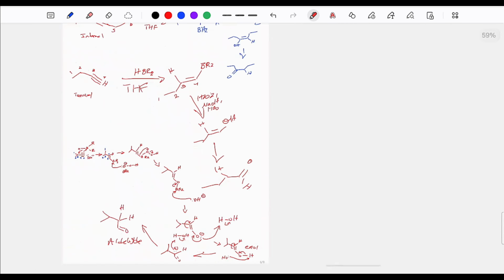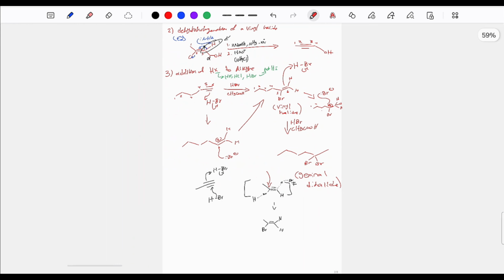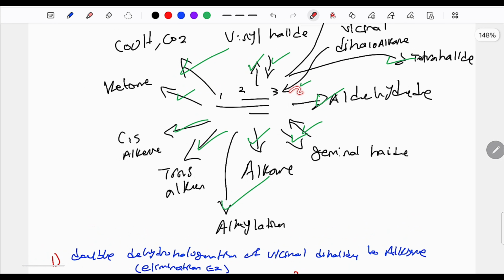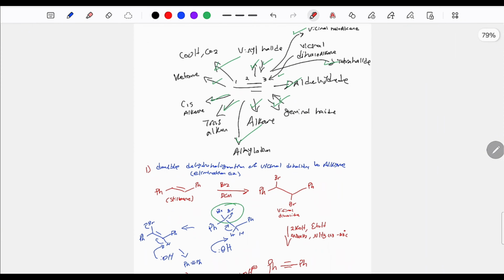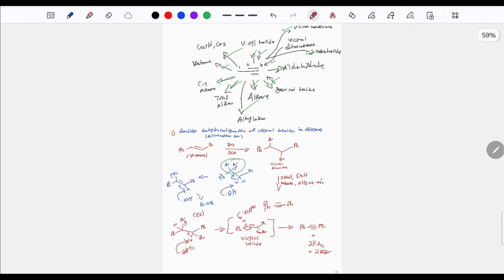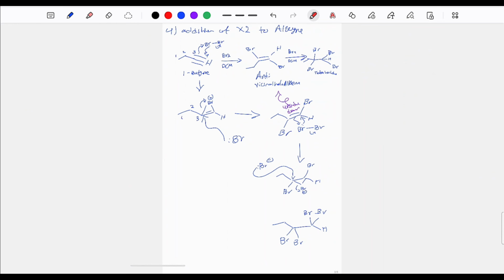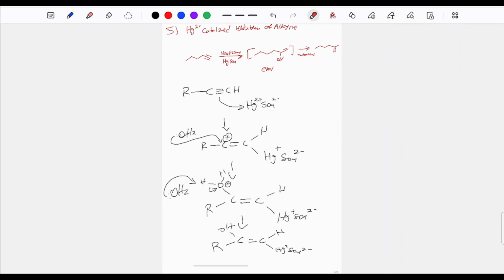But anyways, let's go ahead and give our summary as per usual. How can I turn an alkene into an aldehyde? Well, we have learned a method of turning an alkyne into an aldehyde.